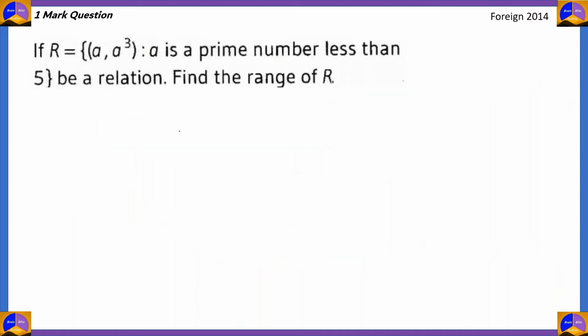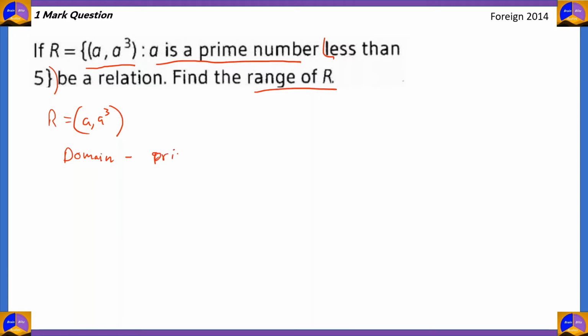Let's look at our next question. If R is the relation {(a, a cube)} such that a is a prime number less than 5, be a relation, we're asked to find the range of the relation R. So R is equal to (a, a cube), and the domain consists of prime numbers less than 5.